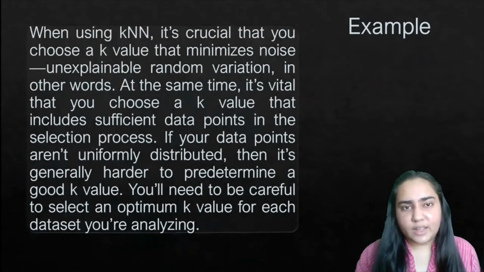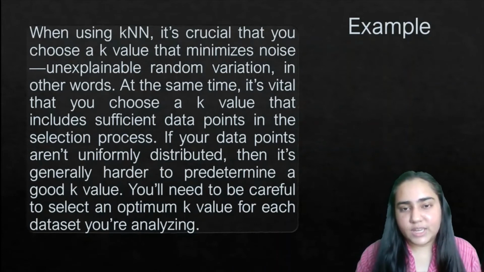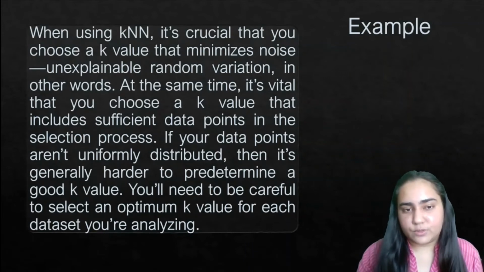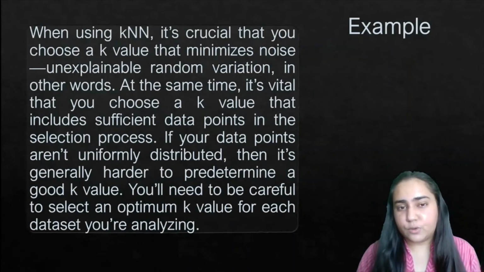When using kNN, it's crucial that you choose a k value that minimizes noise and explainable random variation, in other words. At the same time, it's vital that you choose a k value that includes sufficient data points in the selection process. So your k value should not be too large that it even includes data points that are not so close to your query point.